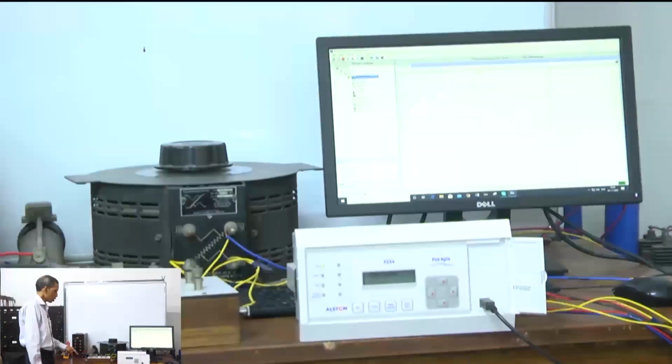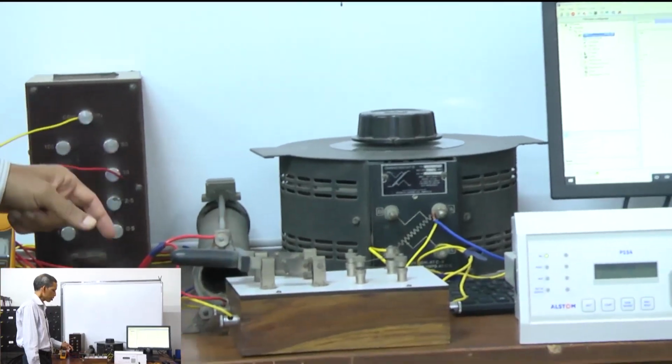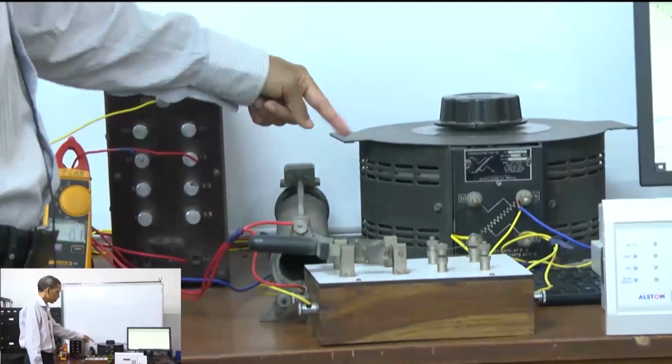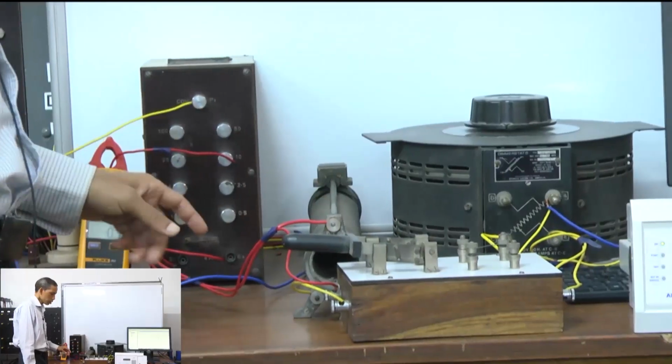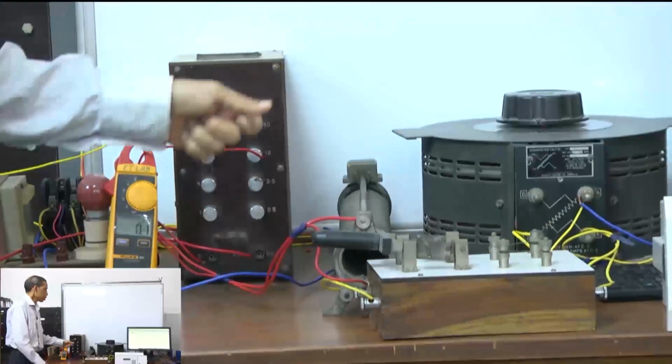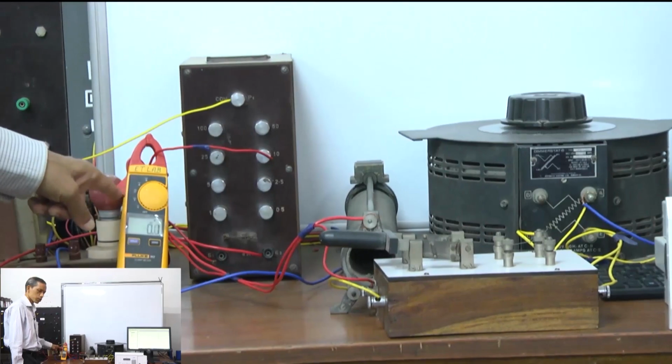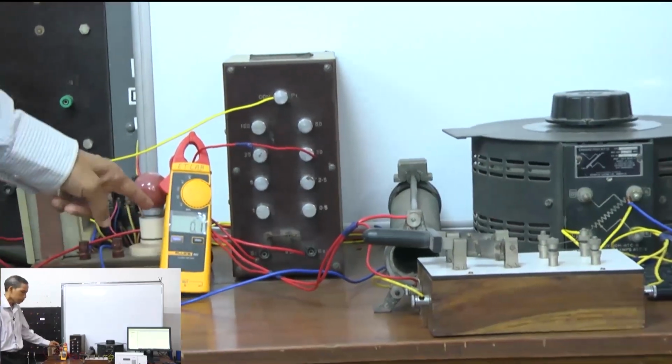Whenever you close the supply to the system, the auto transformer feeds voltage to this circuit, and the current is set as per the clamp meter here.